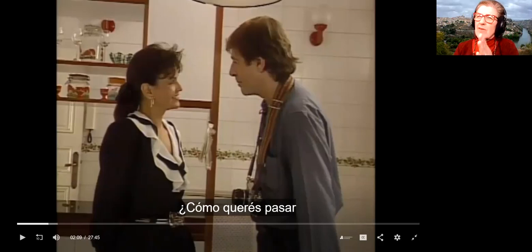So the textbook says it's a substitute for tú. It's used mainly, in its majority use, in Argentina, Uruguay, Paraguay. So Río de la Plata, meaning that little cone area. However, it is a little bit more complicated than that.